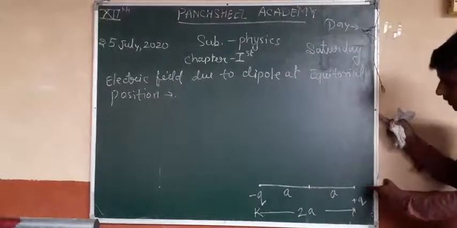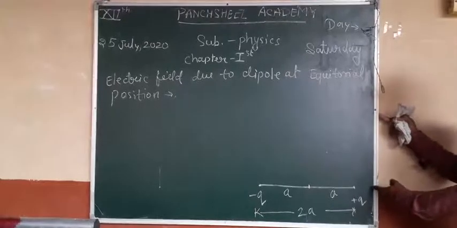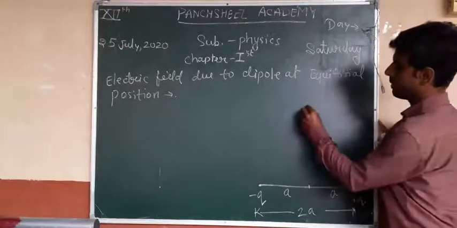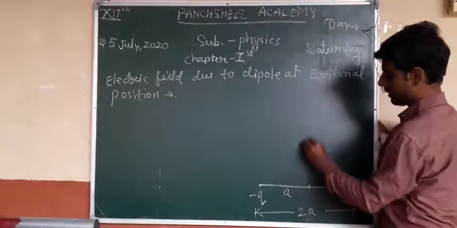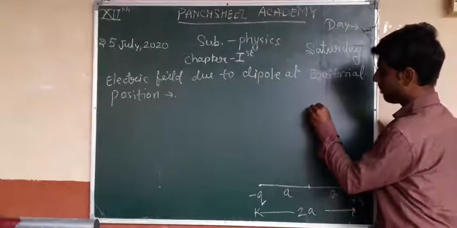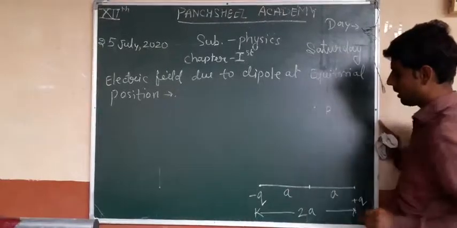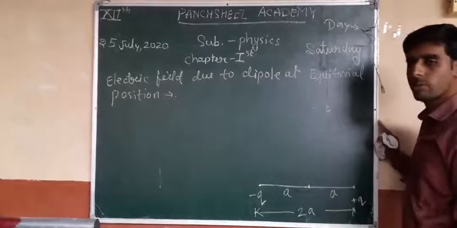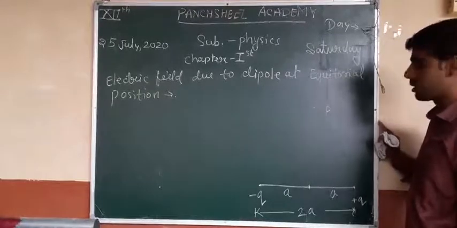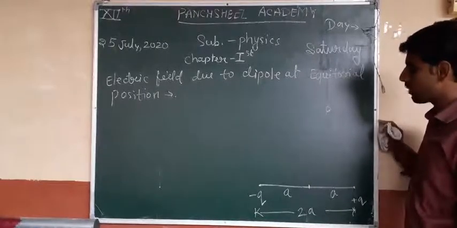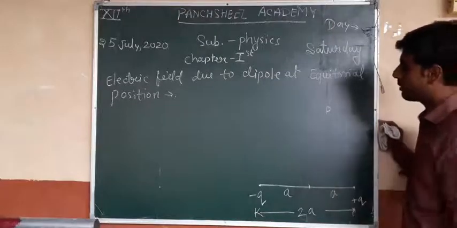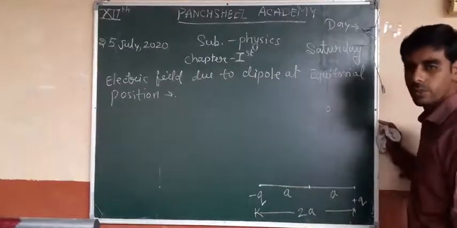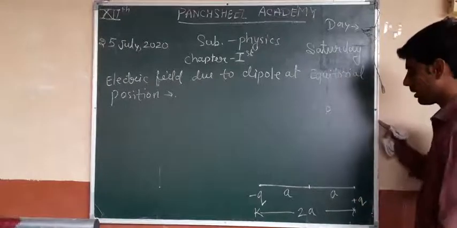On the axial point, the point is considered on the axis of this dipole, but at equatorial position, suppose I consider a point P here. So this is the equatorial position or normal position. Our interest is to find the electric field at that point P due to these two charges, or this electric dipole.